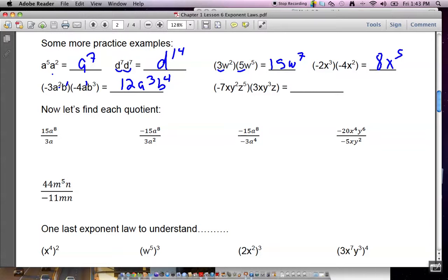Okay. Miss Bueno. What's the negative 7 times 3? Negative is right. Negative what? Negative. Please tell me. We're not adding. We're multiplying. 7 times 3. 21. Good. Now let's do the exponents. X to what power? Second.